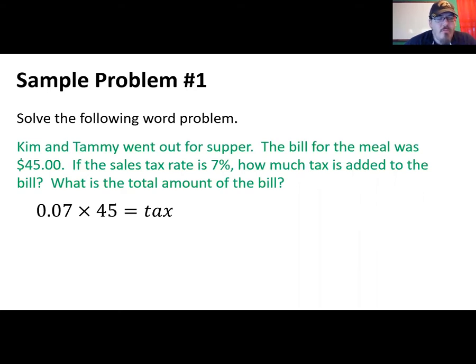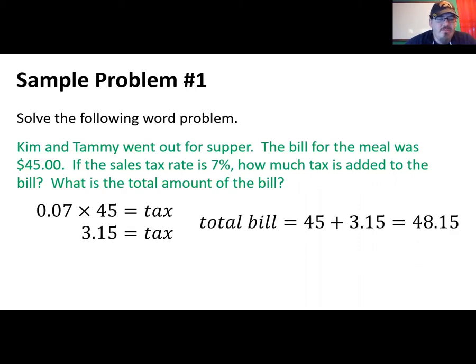So that's where the 0.07 comes from. We're simply going to multiply that rate times the $45 that the meal cost, and that should tell us how much tax. So 0.07 times 45 gets us $3.15. The total bill is found by taking the original amount plus the tax that's added on, so we get $48.15.